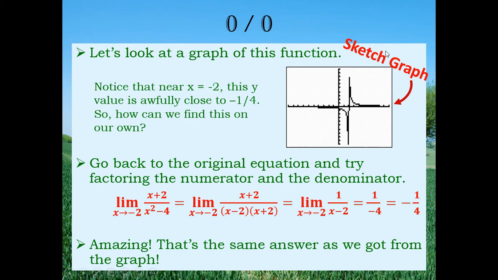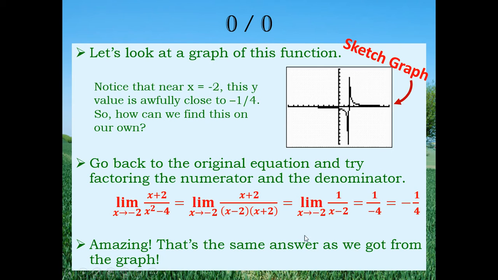Let's look at a graph of this function. If we were going to do it on our calculator, the function would look something like this. Now, notice that as x gets nearer and nearer to negative 2, the y value is awfully close to negative 1/4. So how can we find this on our own? Well, if we went back to the original equation and tried factoring the numerator and denominator, we can factor the denominator, x squared minus 4, into x minus 2 times x plus 2.